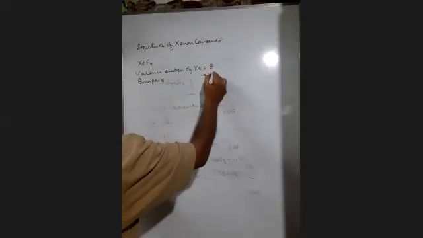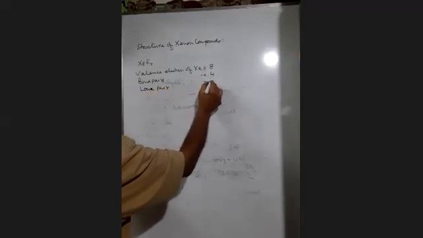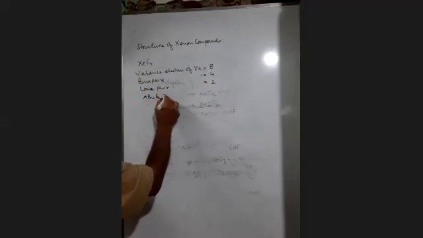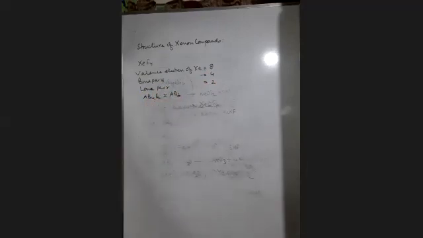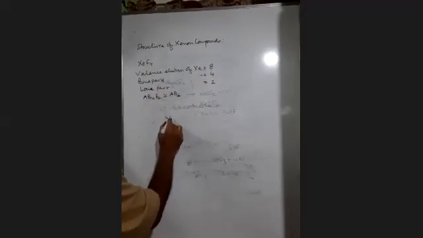Correct. Lone pairs, you know, 2. So what should be the model now here? AB4E2. Is it not equal to AB6? AB6 or not? Yes, sir.